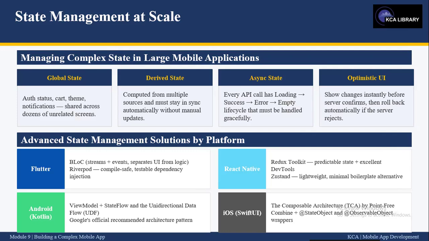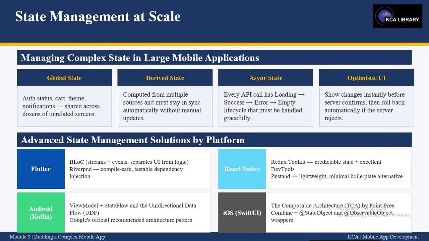So we have global state, derived state, asynchronous state, and optimistic UI. Global state includes authentication status, cart, theme, and notifications, which are shared across dozens of unrelated screens.